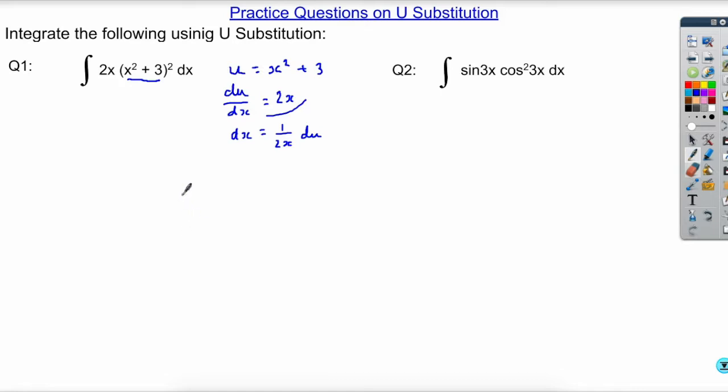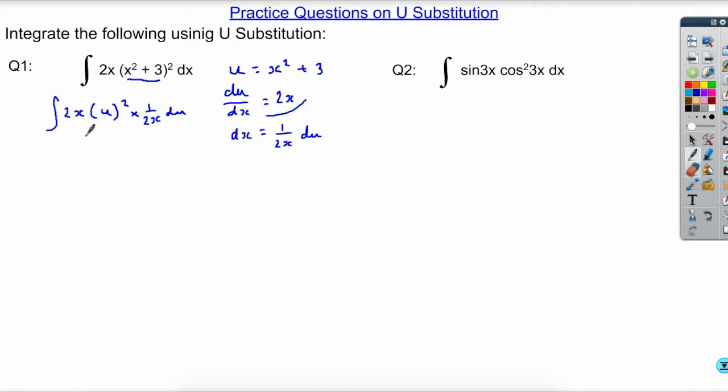Now I'm going to replace my x squared plus 3 with u and my dx with 1 over 2x du. So within the integral, I've still got 2x, then this becomes u squared, and my dx I'm going to multiply by 1 over 2x with respect to u.